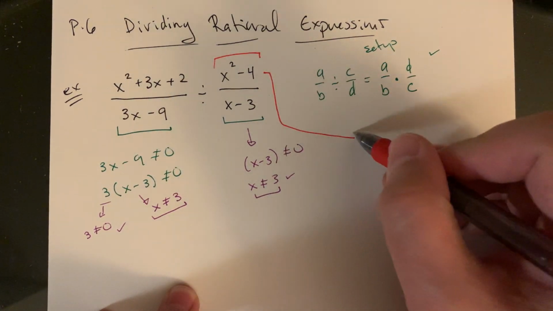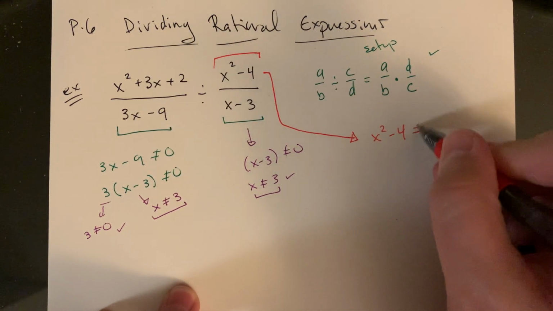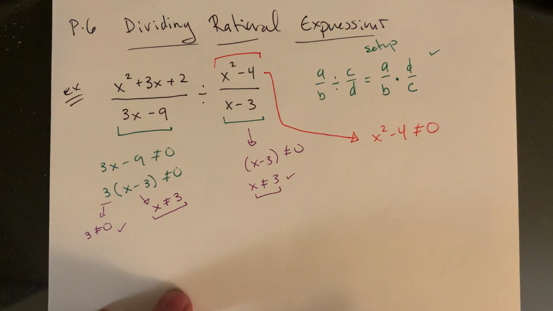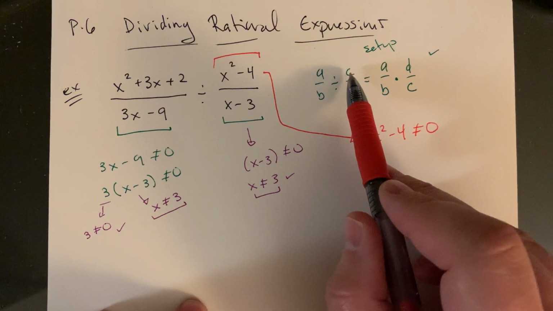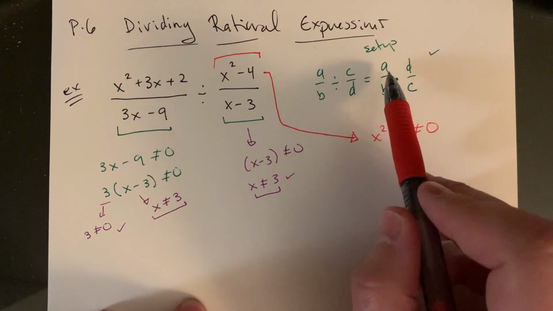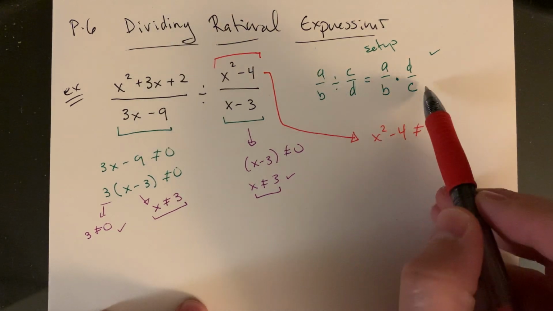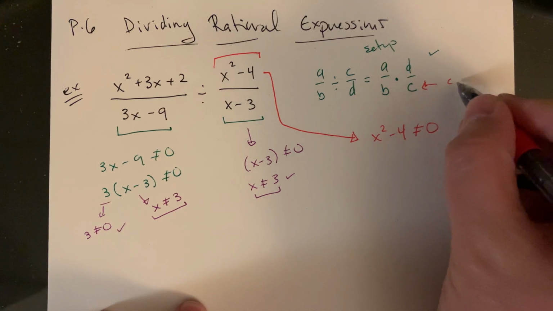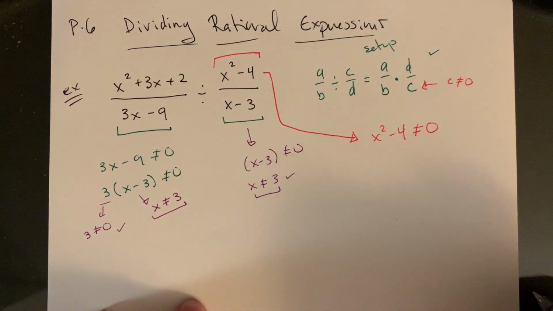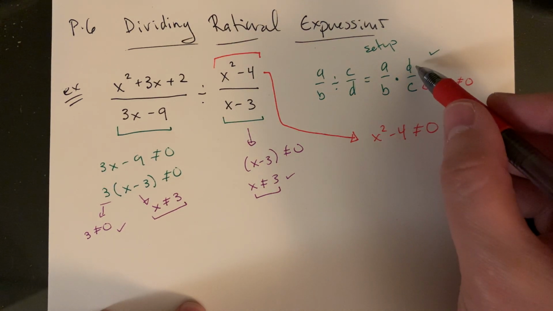In this case, x squared minus 4 is also not allowed to be 0. You can justify it a couple ways. This is in the c position. Once I do my keep, change, flip, and take the reciprocal of the second, now c is in the denominator, right? So certainly c is not allowed to be 0. Now you might say, isn't d okay to be 0?